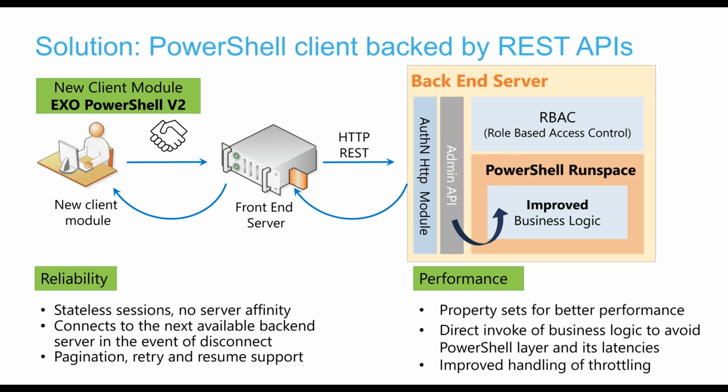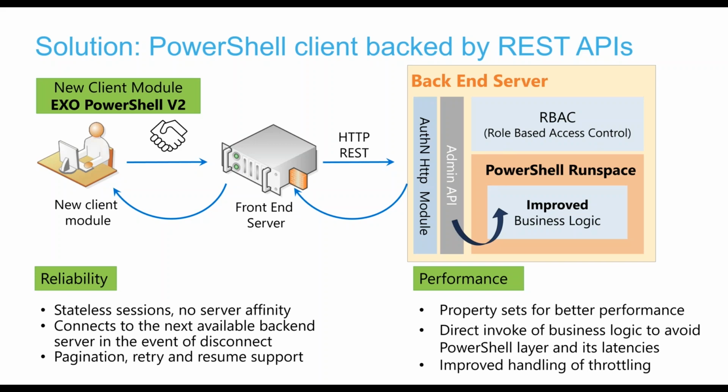So we still have, of course, the client connecting to the front-end server, but the front-end server now will use HTTP REST APIs to talk to the backend, and this improves things tremendously. There's also improvement in the way the actual business logic is executed, and in a nutshell, we have a bunch of improvements coming just from the switch from this model. First, and probably one of the most important, the sessions are now stateless, and there is no server affinity.